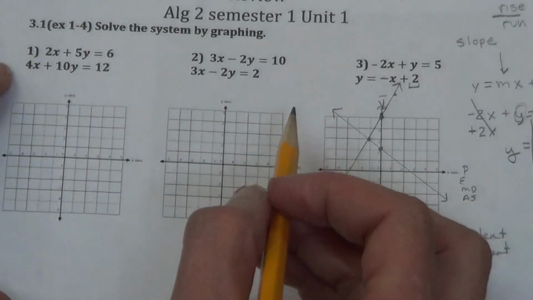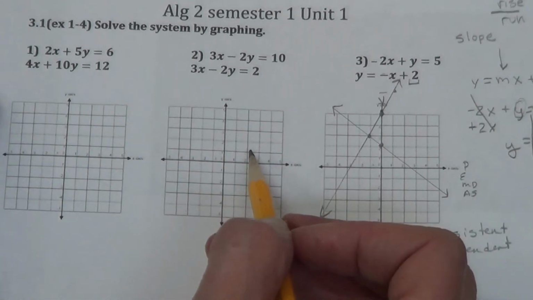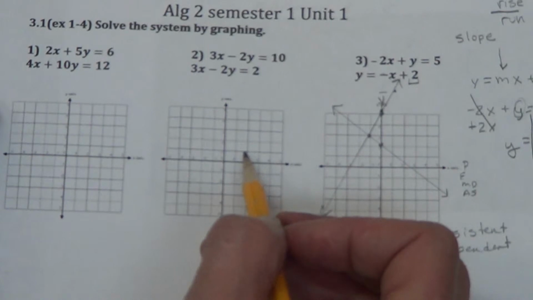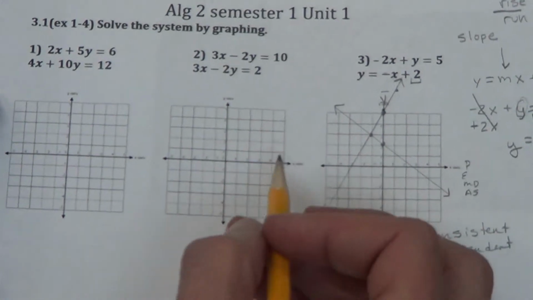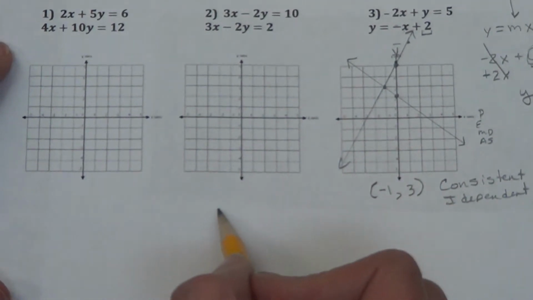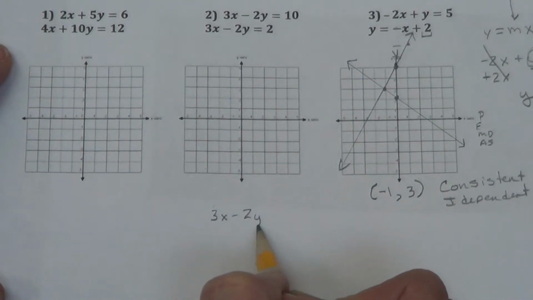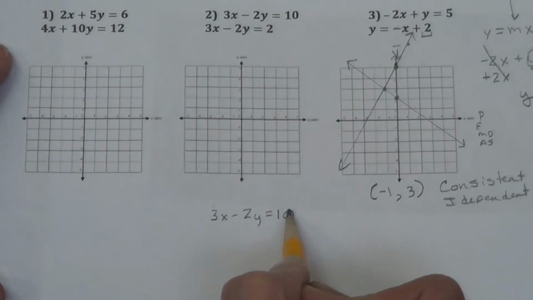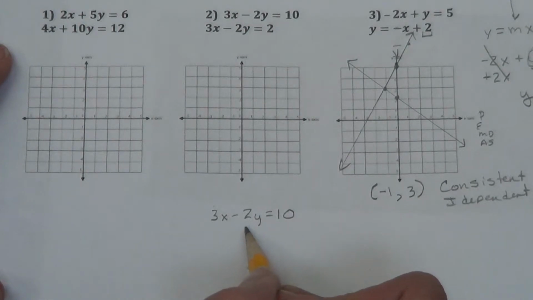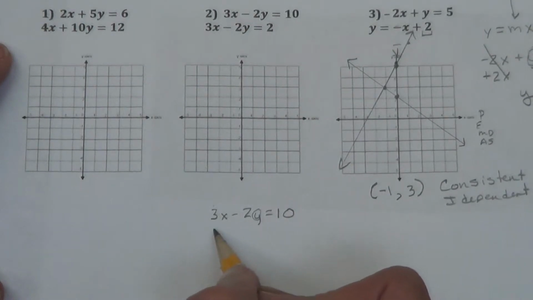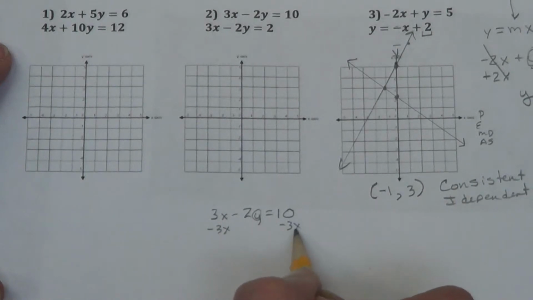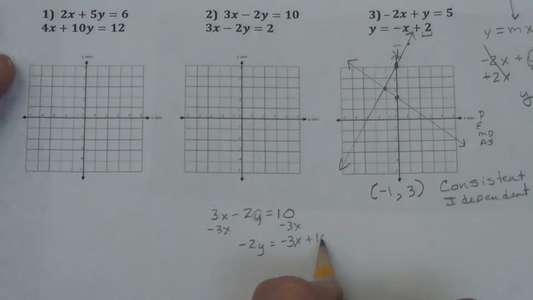Okay, moving backwards to the next graph. Well, we want to graph this, we need to get the y's alone. So we have 3x minus 2y equals 10. Get the y alone. Subtract 3x from each side. We get negative 2y equals negative 3x plus 10.